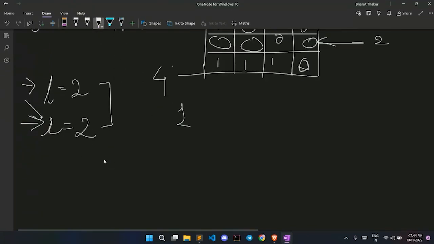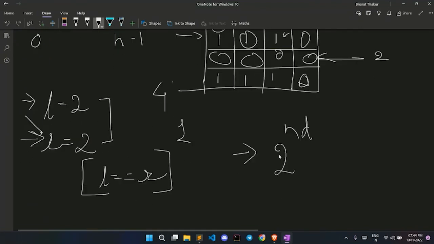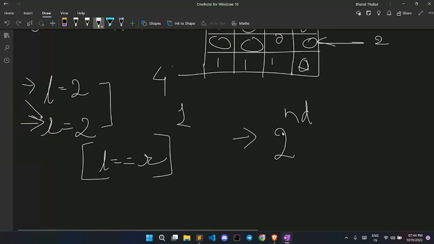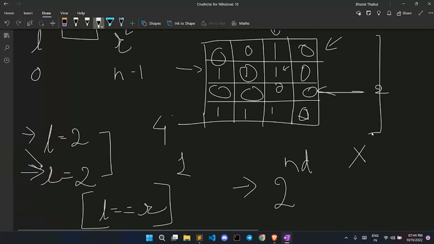Now we got L is equal to R. That means we only have one person in our list, which is the second person. So we will only check for this person whether this is the celebrity or not. If this is the celebrity, this will be our answer. And if this is not the celebrity, then we will not have any celebrity in our entire group of n people.